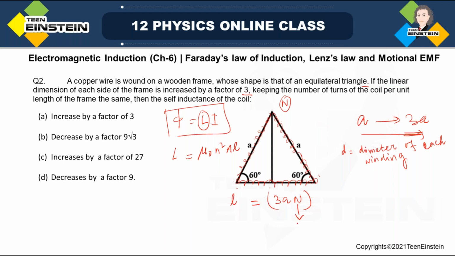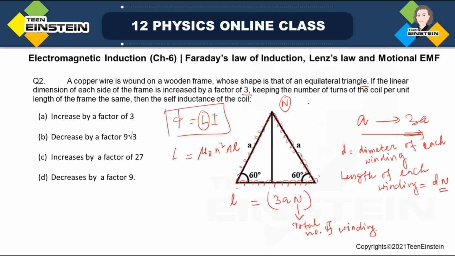This is the total number of windings I'm supposing. What will be the length of the winding? For each winding, what is the length? The length of the winding will be d into N.